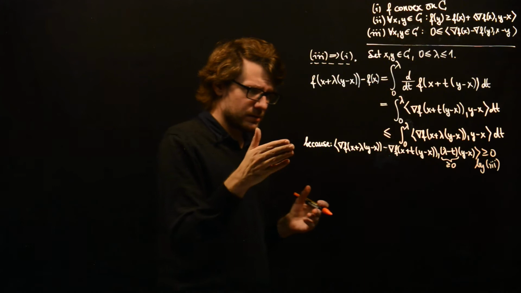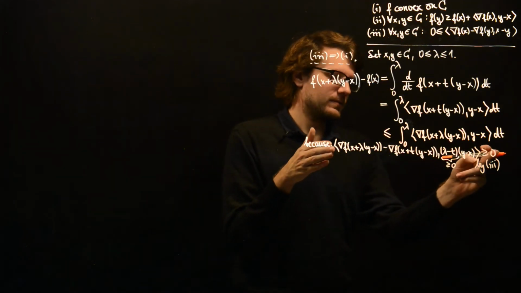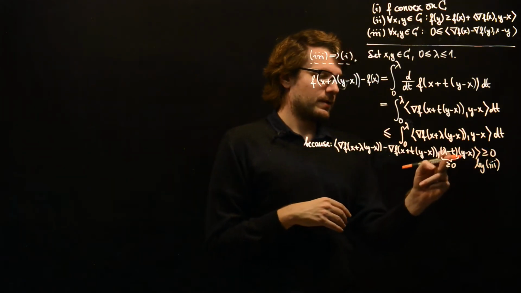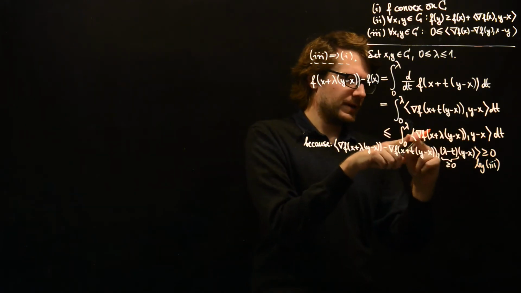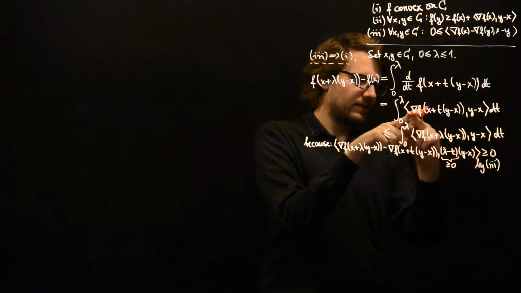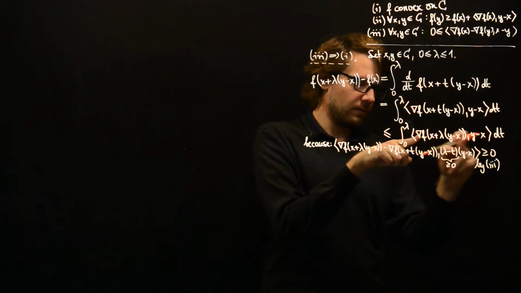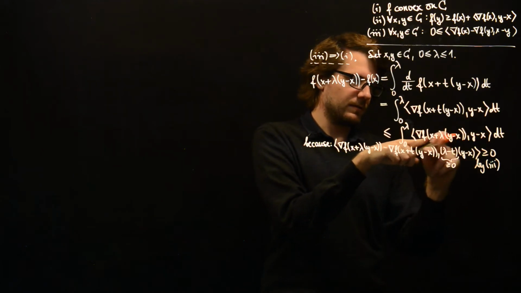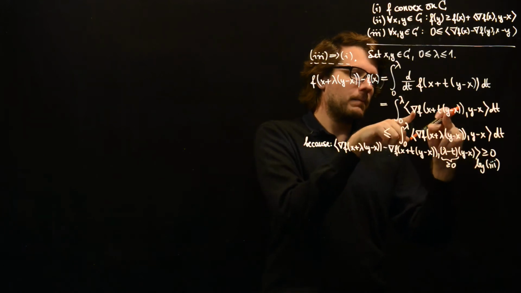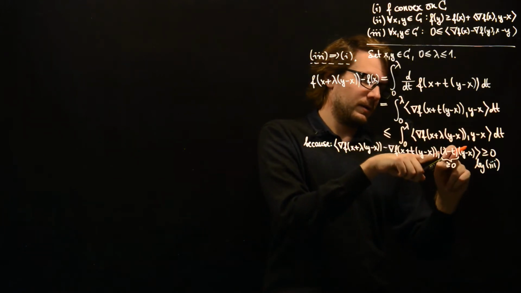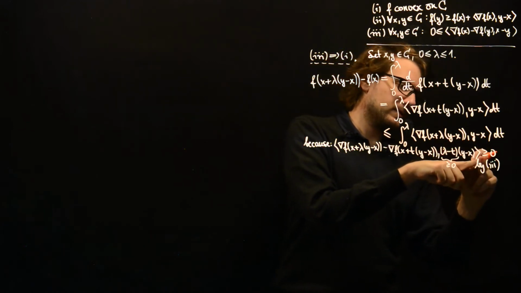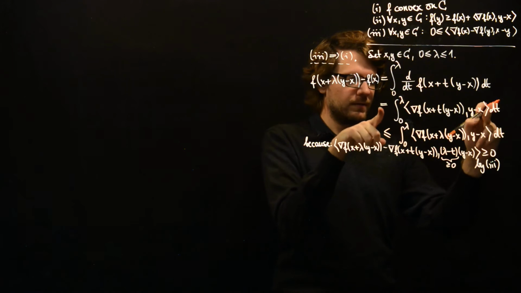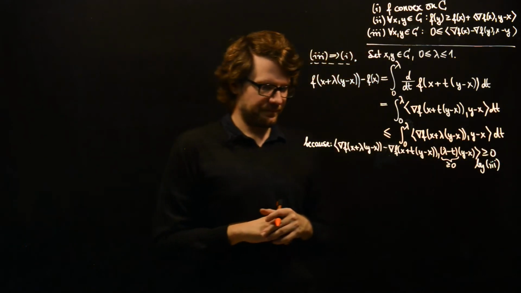Okay, so because this is always greater or equal than 0, we can pull this out, and then we get this thing minus this thing. So the lower expression minus the expression above, scaled with this non-negative factor, is greater or equal than 0, and therefore this inequality here holds.